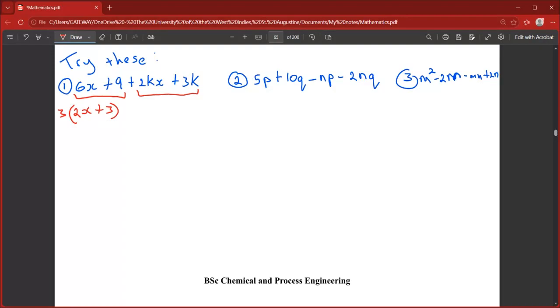Close bracket. Between 2kx and 3k, the letter k is common. Open your bracket: 2kx divided by k is 2x, and 3k divided by k is 3. So now you have 2x plus 3 common, and in the next bracket you're going to have 3 plus k. And that is the answer there. Understand this, right?